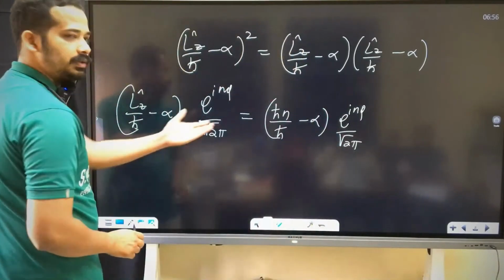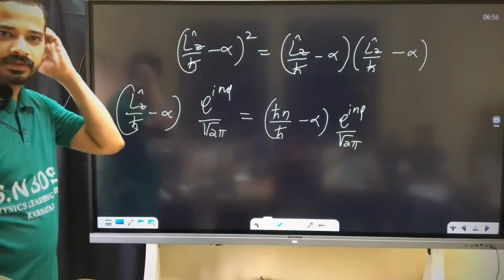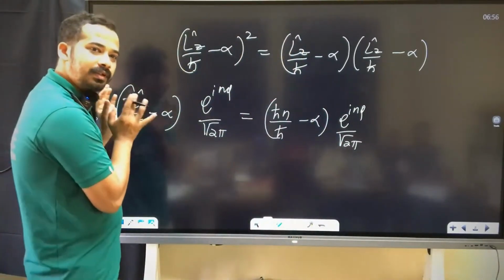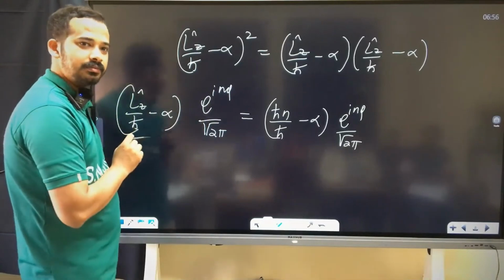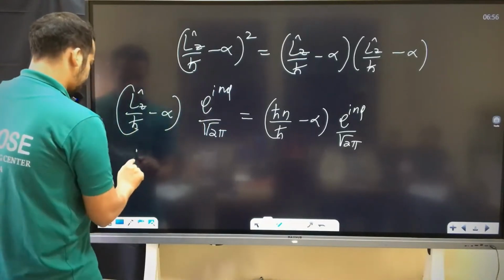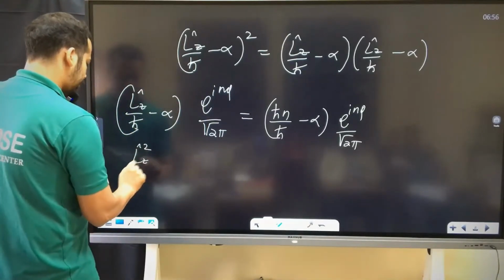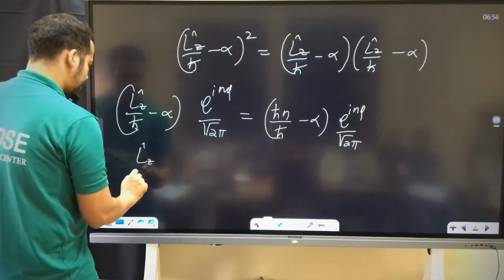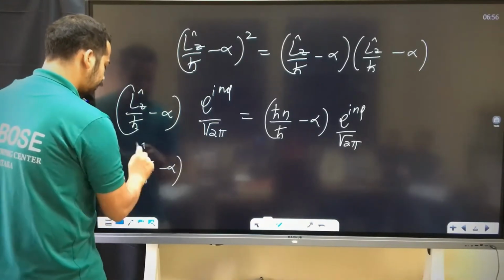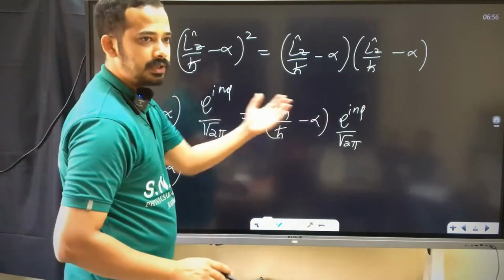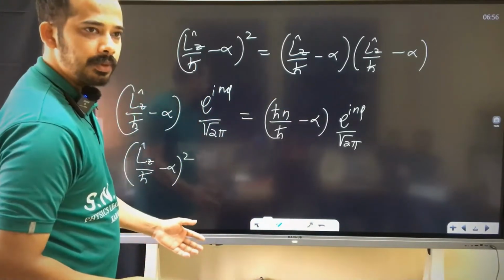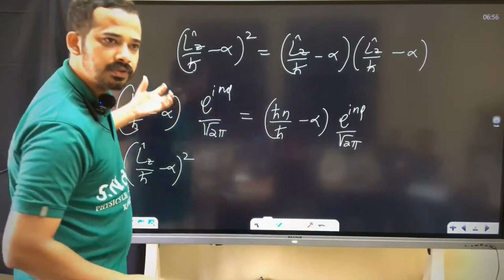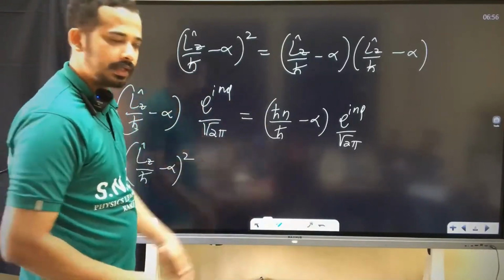If you operate twice, the eigenvalue should come twice. This whole thing you can imagine as an operator now. That's also a good idea. Lz cap by h bar minus alpha the whole square. So this is one eigenvalue equation you can see. Once you have the eigenvalue equation, for the square of that operator you know the eigenvalue.